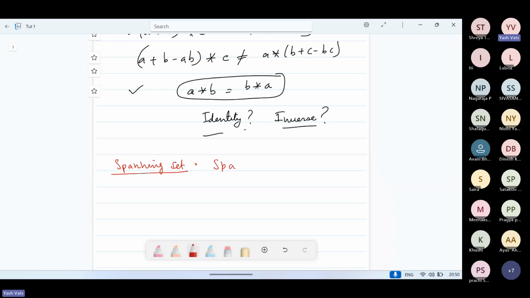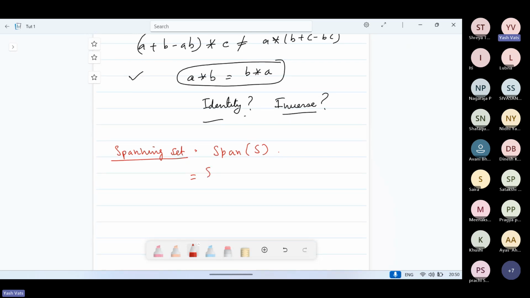I denote the span of some set S. The span of S consists of elements from the vector space V, where S is a subset of V. The span of S is the set of linear combinations of elements of S, like alpha i times s i, where s i is in S, with summation.